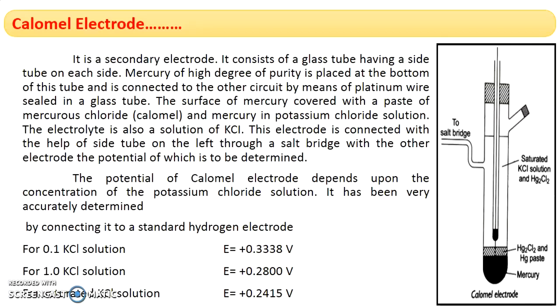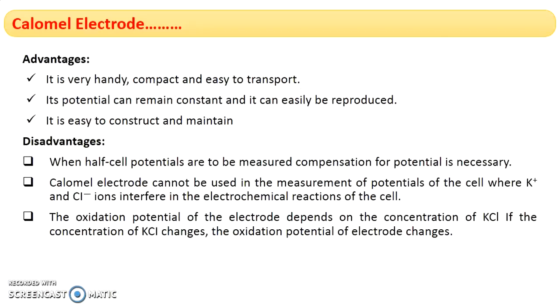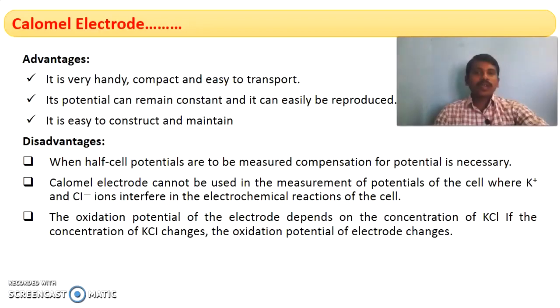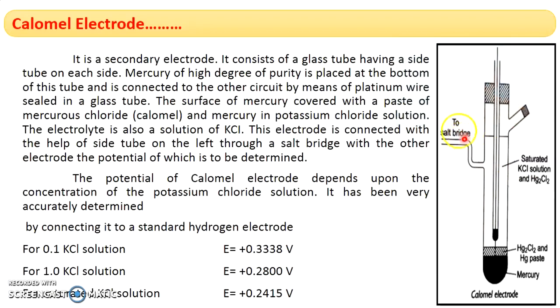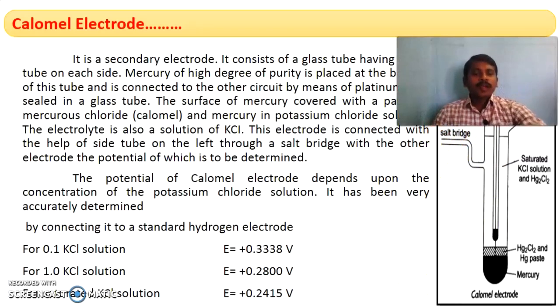Then we will discuss the advantages and limitations of calomel electrode. Advantages: it is very handy, compact, and easy to transport. We can carry this one anywhere easily, as it is handy. This is one advantage.